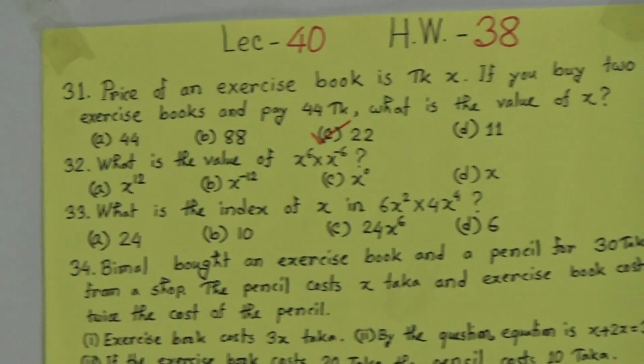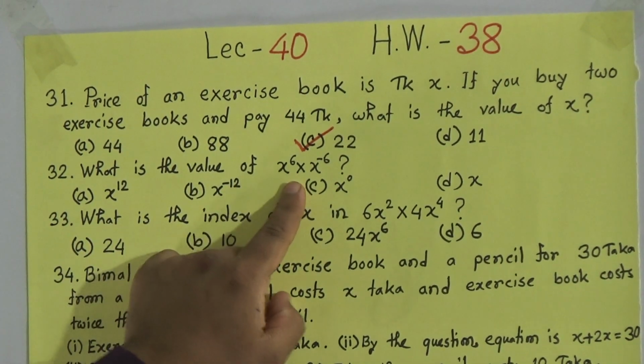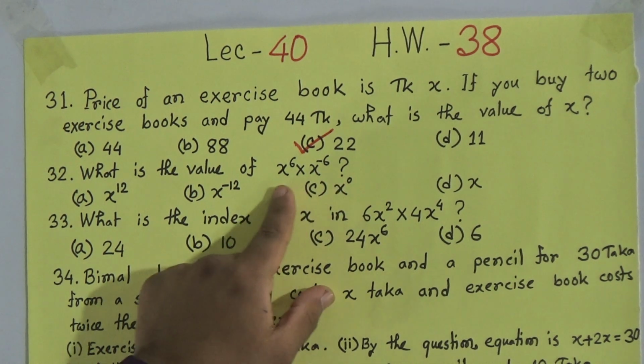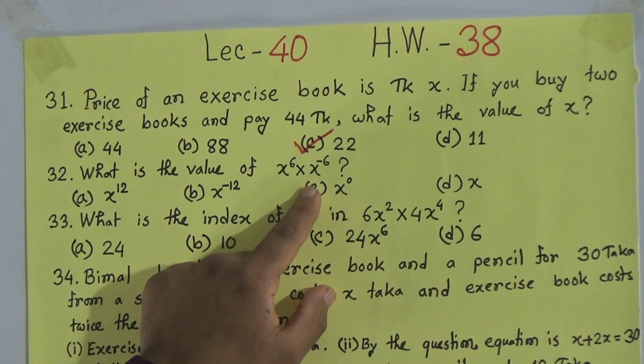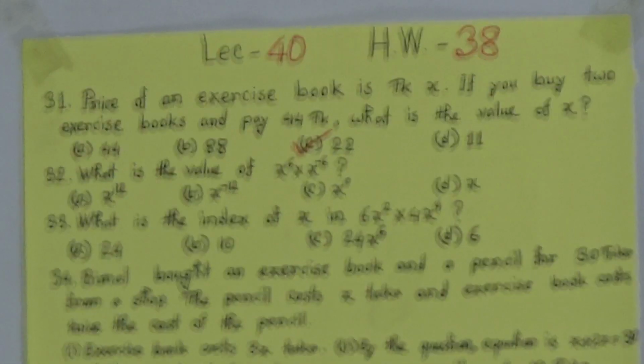Now come to number 32. Question number 32 is, what is the value of x to the power 6 multiply x to the power minus 6? We have to find the value of this multiplication. Okay, come to the board. It's so easy. You know that x to the power 6 multiply x to the power minus 6.